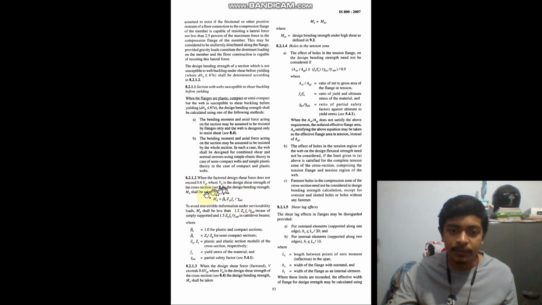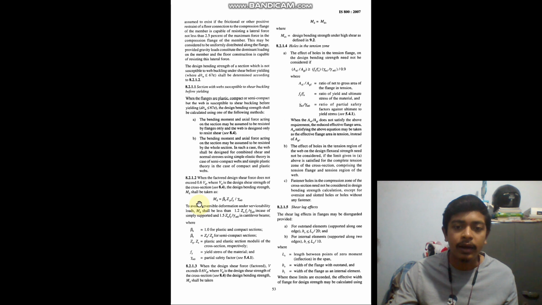But this expression is applied for laterally supported beams in low shear conditions. Low shear means a shear value of 0.6 V. V is the shear force obviously. So it's written here when the factored design shear force does not exceed 0.6 Vd, right? So low shear case and laterally supported, you have to use this formula.